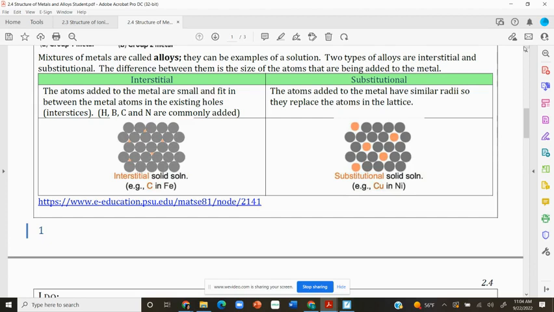We could also have substitutional alloys like brass, for example, where we have copper. Copper and nickel is not brass. Copper and zinc is brass. But the size of this atom and the size of this atom are fairly close to one another, and they just end up subbing in. So there would have been a gray one here that gets kicked out to over here, and this guy comes in.